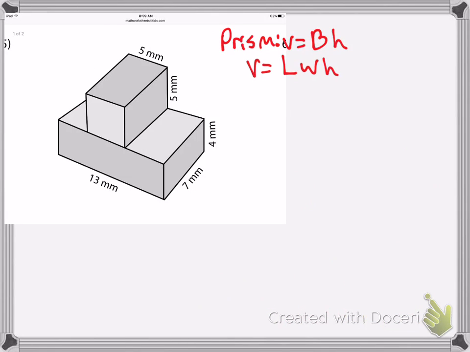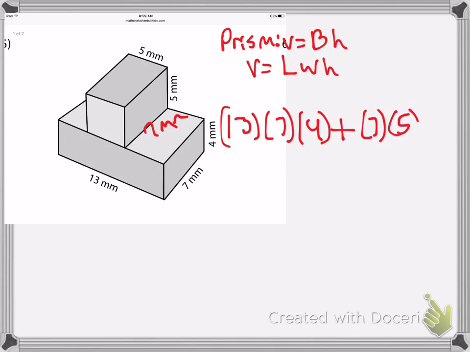Next, we have two rectangular prisms. That's why there's only one formula there. So I'll find the volume for the composite figure. The way you set this one up, as we know, the height of this one is going to be 7 millimeters. So for both of these, you're going to set up the same formula: 13 times 7 times 4 plus 7 times 5 times 5.